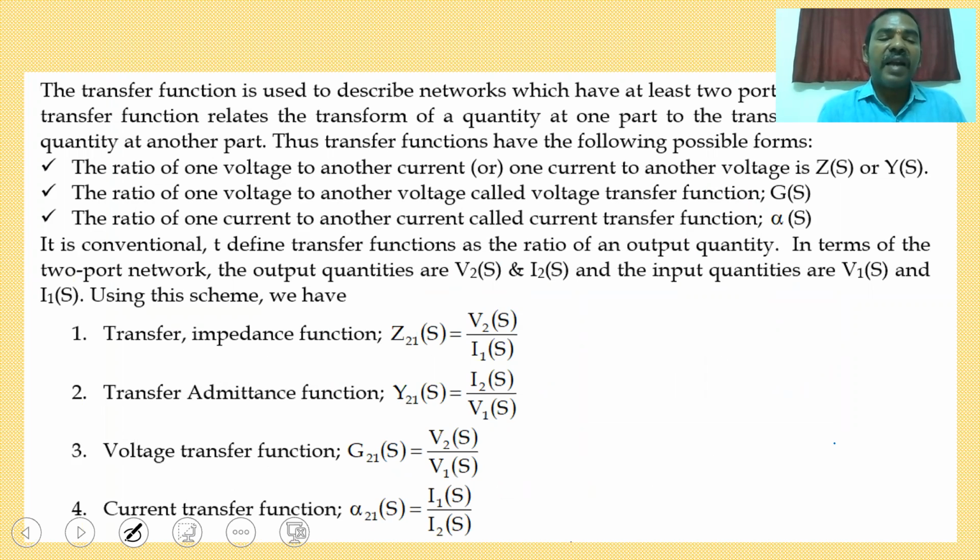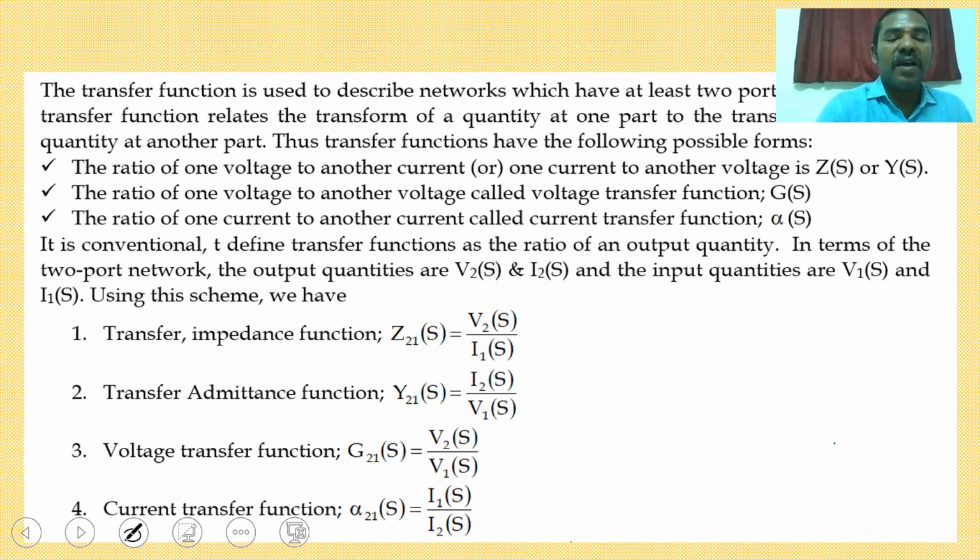Similarly, the transfer admittance function Y21 of s is equal to I2 of s by V1 of s. Similarly, the voltage transfer function G21 of s is equal to V2 of s by V1 of s. Similarly, the current transfer function alpha 21 of s is equal to I2 of s by I1 of s.